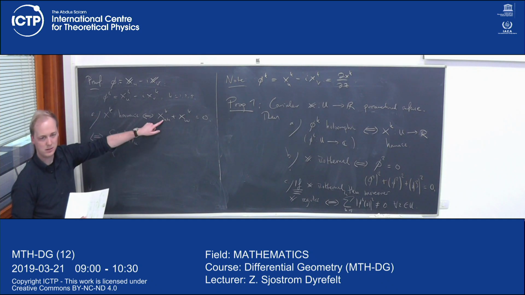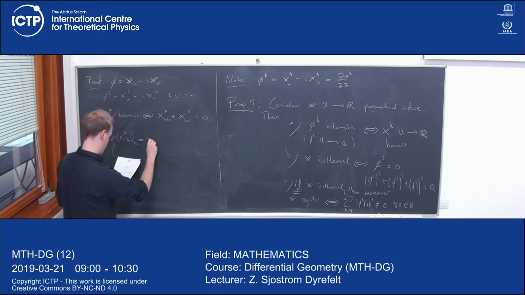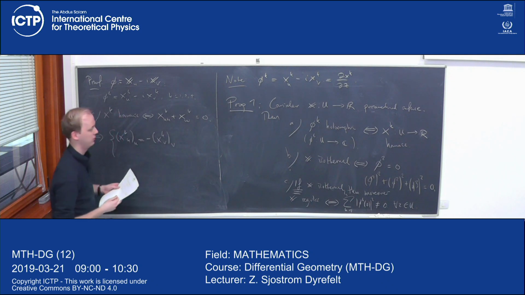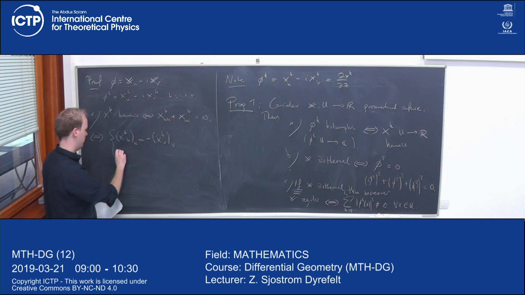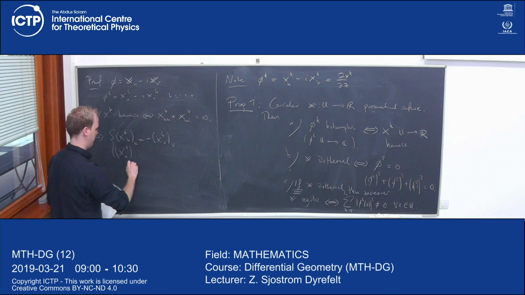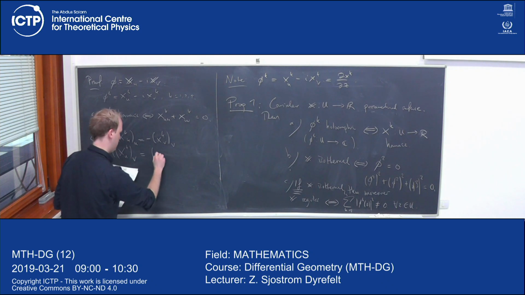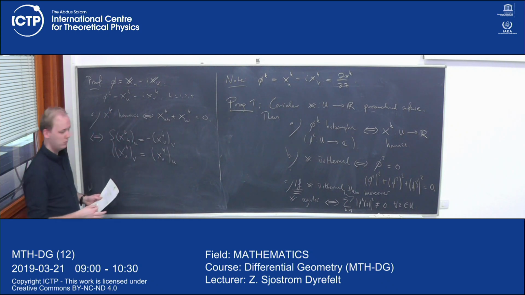Okay, so now I have this, and this is equal to minus x^k_v derivative with respect to v. This is this equation. And then the other one would be x_u^k with respect to v is equal to x_v^k with respect to u.